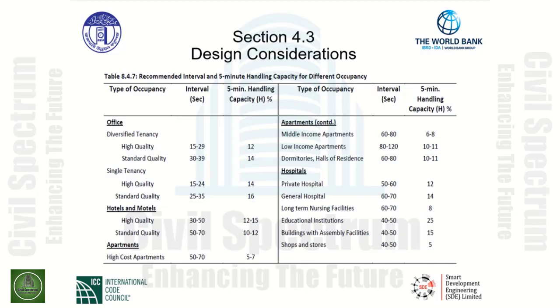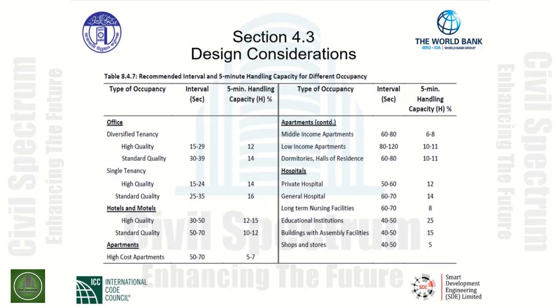As you can see, we have categories: office category, hotels and motels category, apartments, and hospitals are the categories. Within the categories are the specific uses of these particular categories.